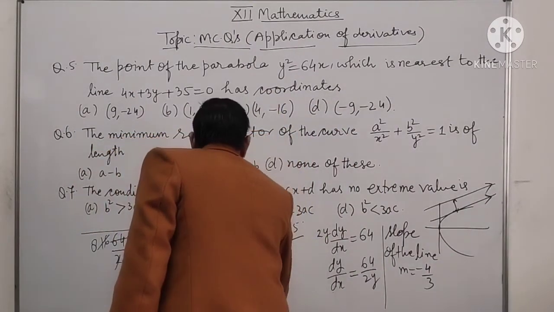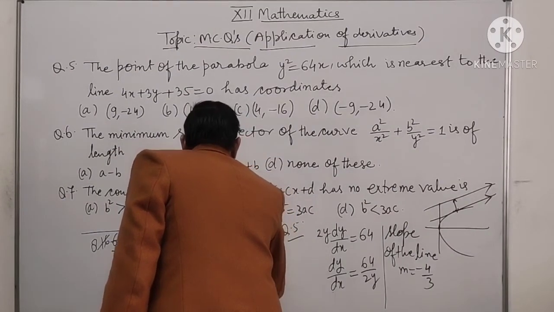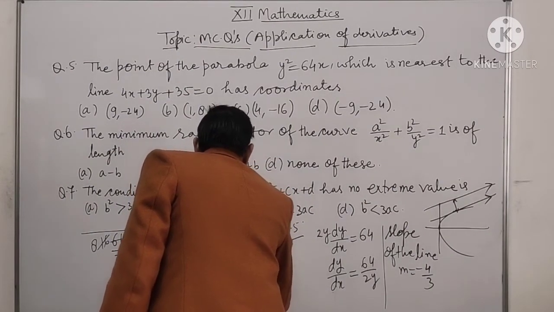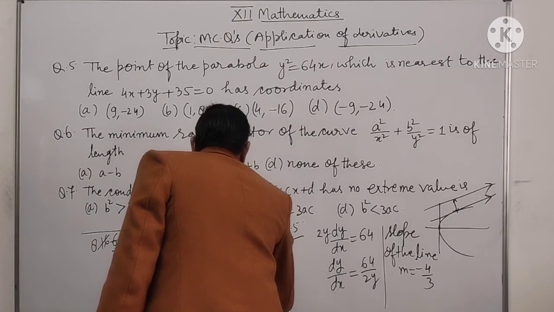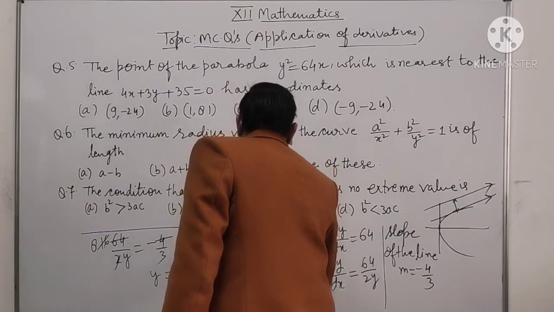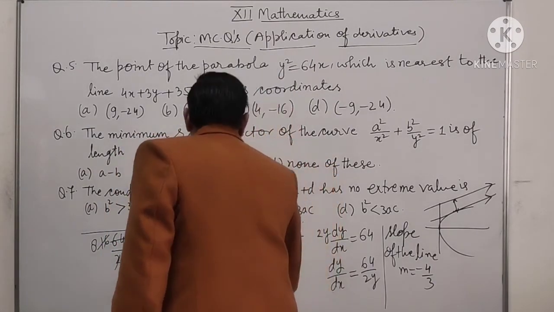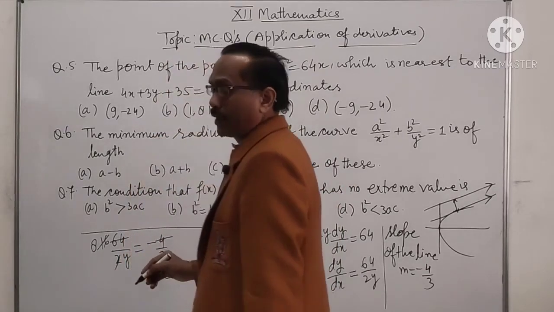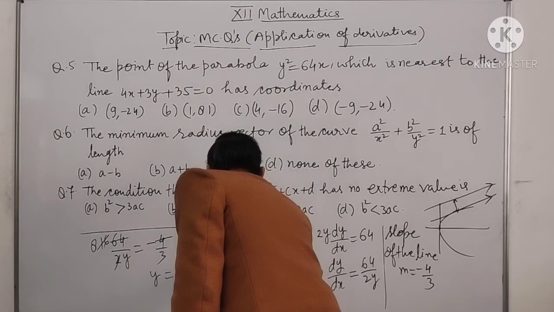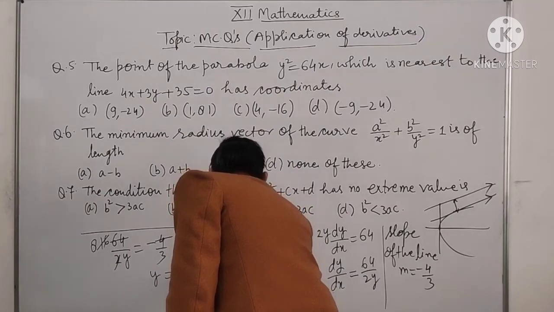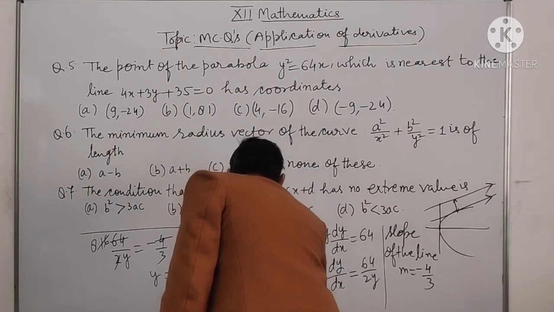Since (-24)² equals 64x, 24 squared is 576, equals 64x.